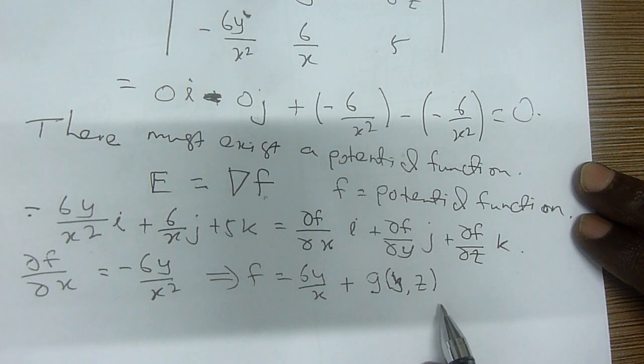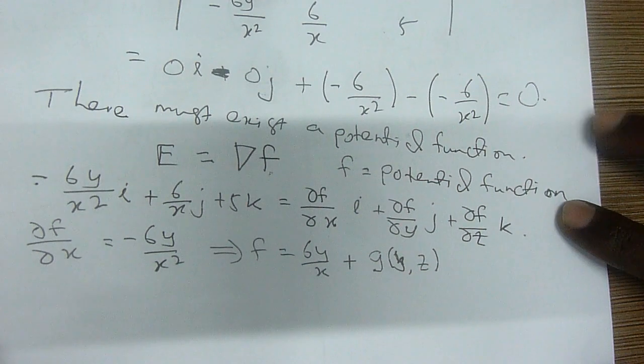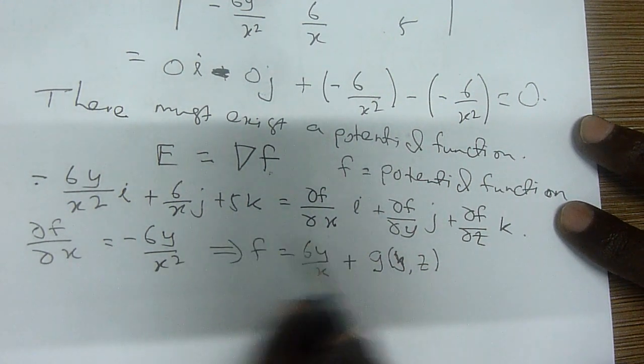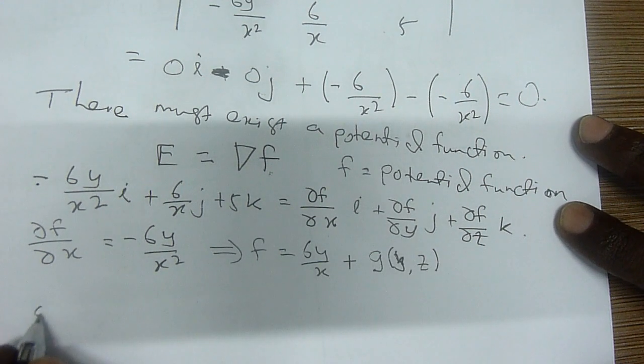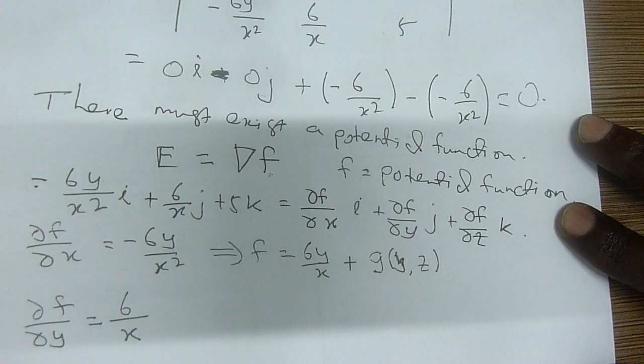Then how to solve? Let me finish this part first. Then we can see there is another one, that combination you can see is del f/del y, where we get 6 over x. Now can I move this one to make it del f/del y? Can.